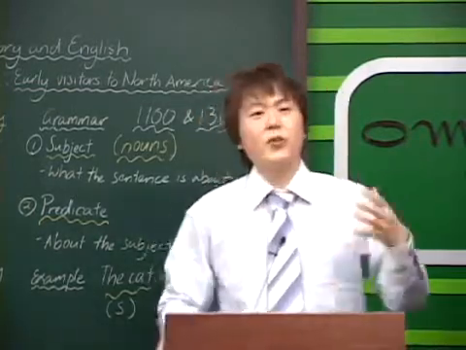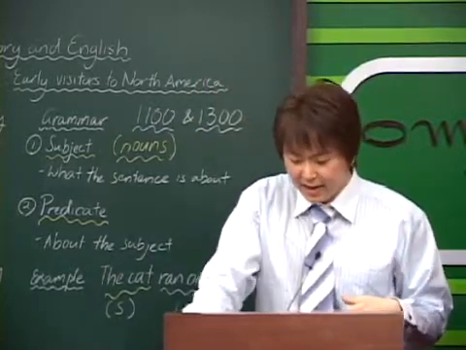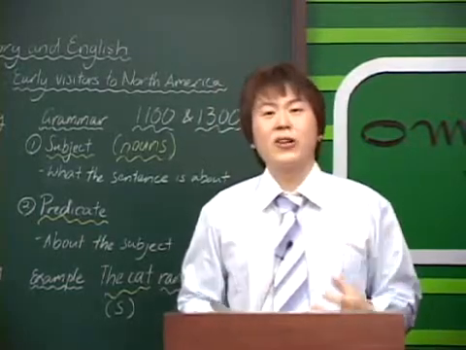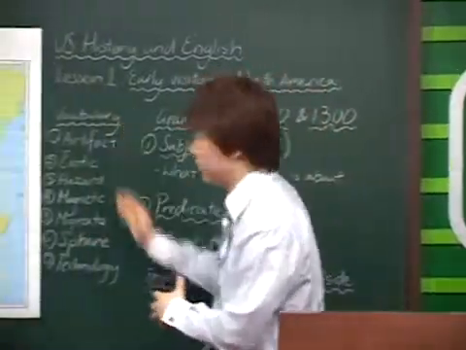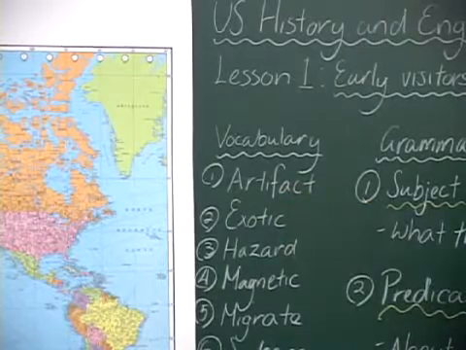As I said, as Europeans traveled, they became very interested in other cultures, and they were very interested in exotic artifacts. Remember artifacts, going back to our vocabulary. It's right here, number one, artifact, a man-made object.